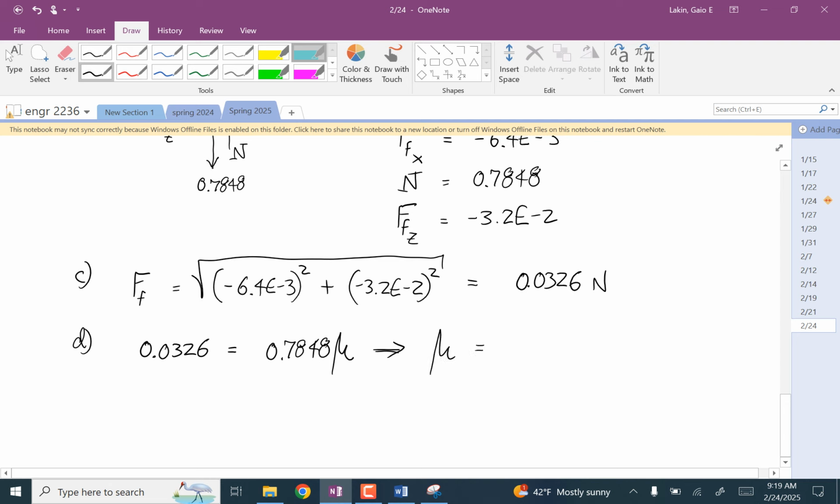And so that minimum coefficient of friction is 0.042. If the coefficient of friction is smaller than that, this thing will slide. If it's bigger than that, it'll stay fixed to the rotating disc.